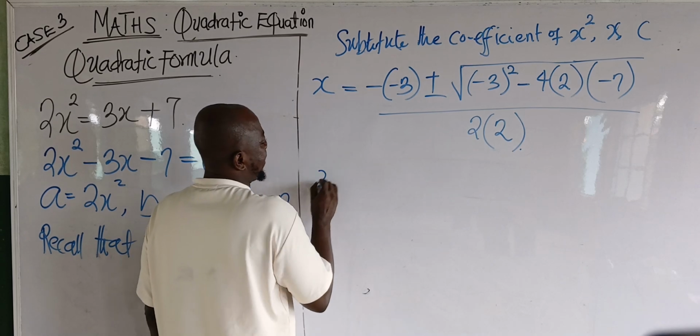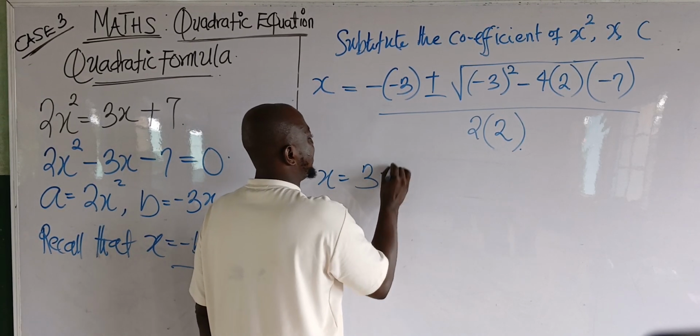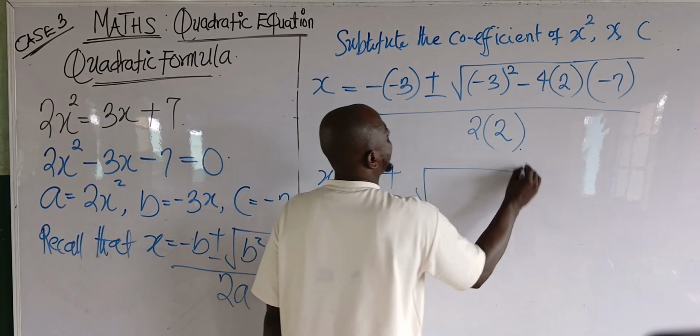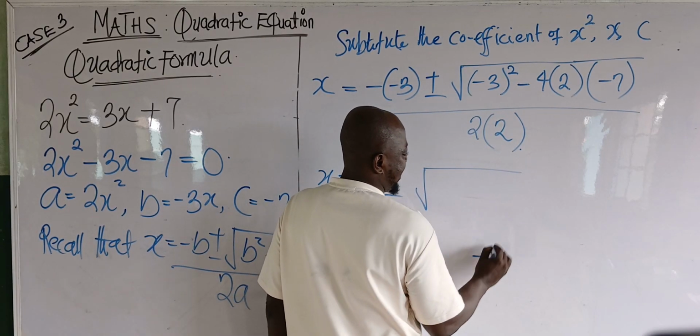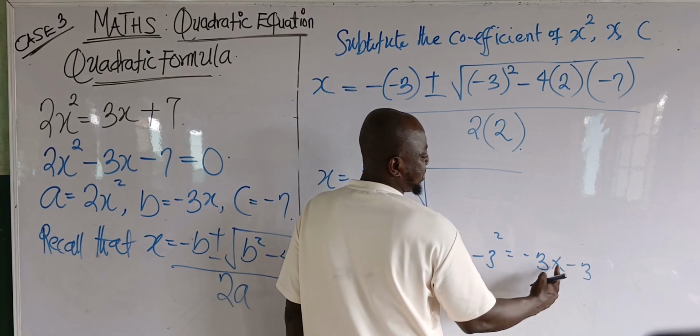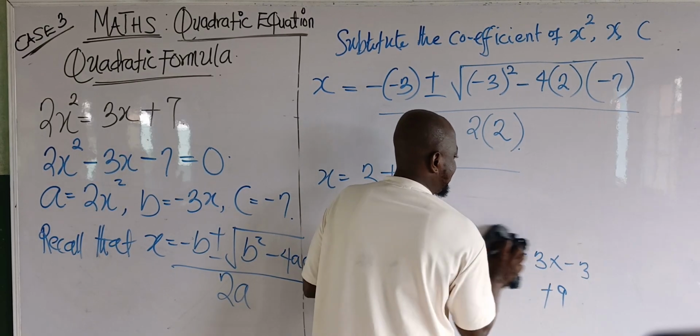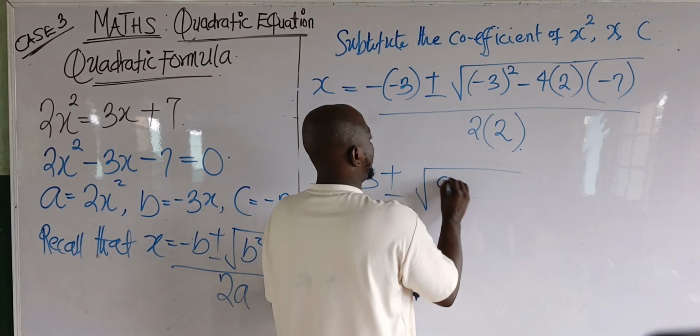Next, I will bring this one down. Minus 3 squared is the same thing as saying minus 3 times minus 3. Minus times minus gives me plus, and 3 times 3 gives me 9.